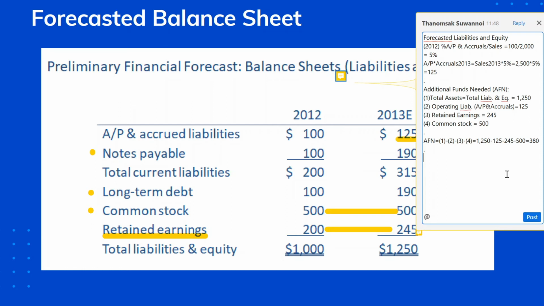We see that in 2013, the firm needs additional financing equal to $380.